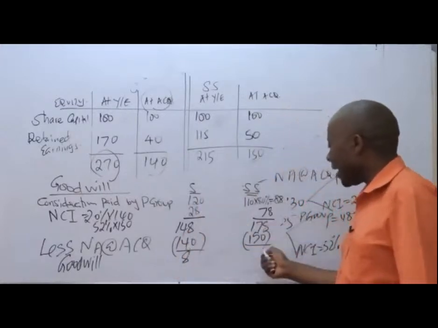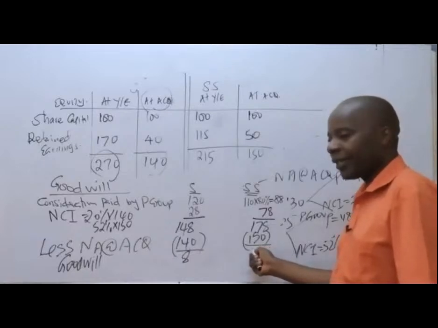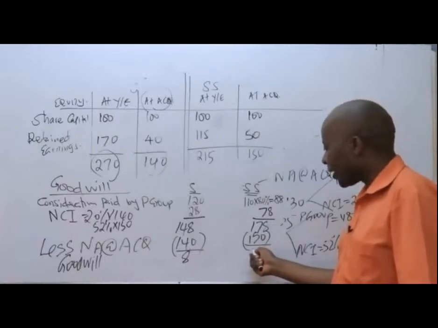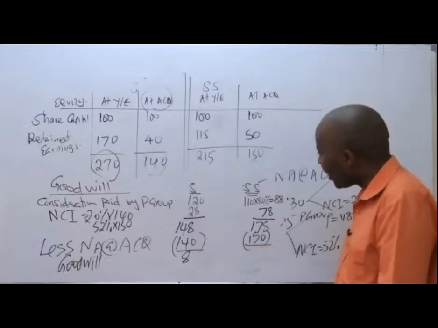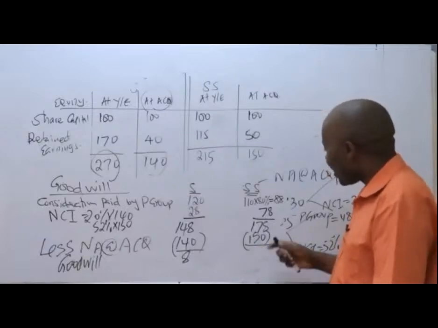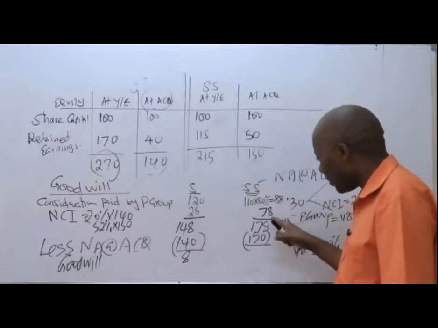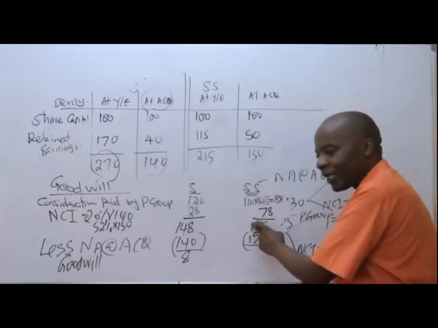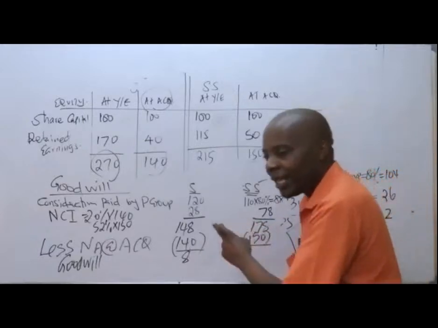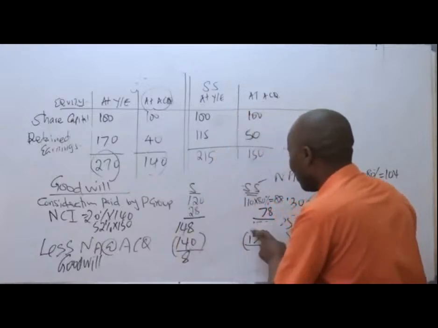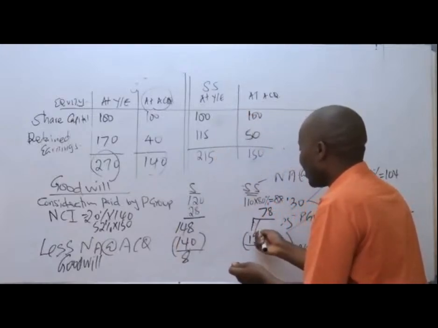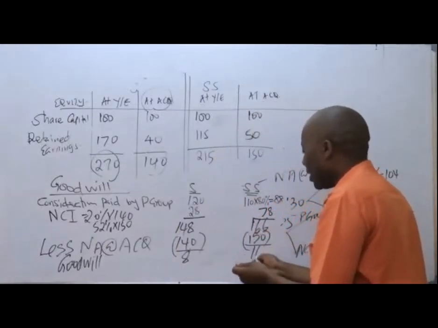How about SS goodwill? So this is supposed to be 88 plus 78. What is 88 plus 78? Somebody must have misled me here. 88 plus 78 is 166, thank you. So then this gives me 16.